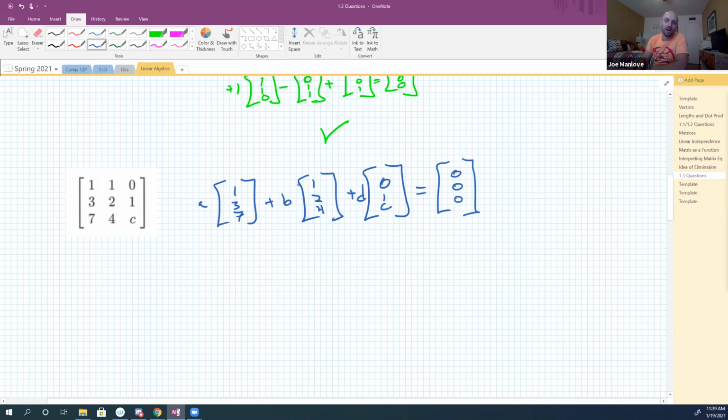A and B have to be opposites of each other, so I'm going to think about taking 1, 3, 7 and subtracting 1, 2, 4. It's the only way I'm going to get that 0 in the top. Out of that, I'm going to get a vector that's 0, 1, 3. Does that look familiar? Well, that looks an awful lot like that guy.